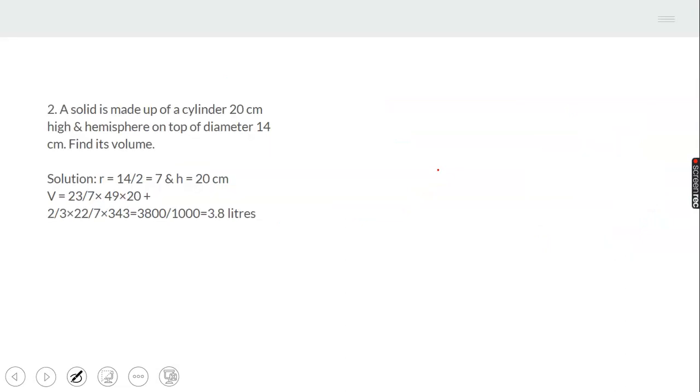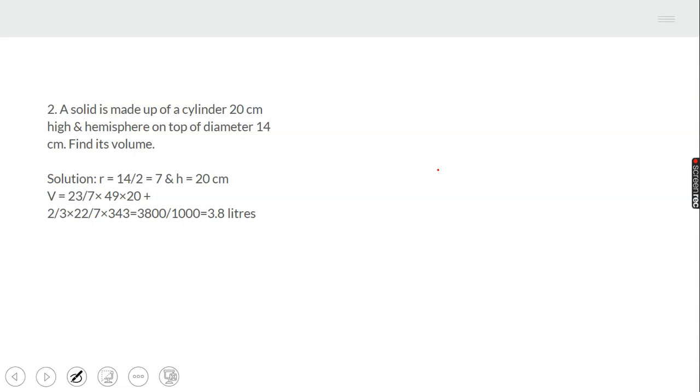Example 2. A solid is made up of a cylinder 20 cm high and a hemisphere on top of diameter 14 cm. So that's half of a sphere.